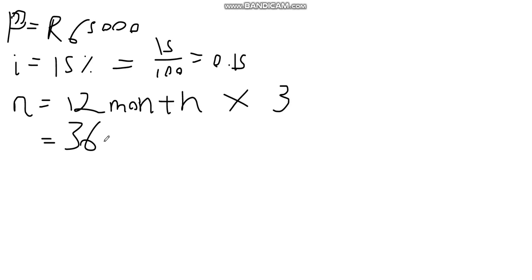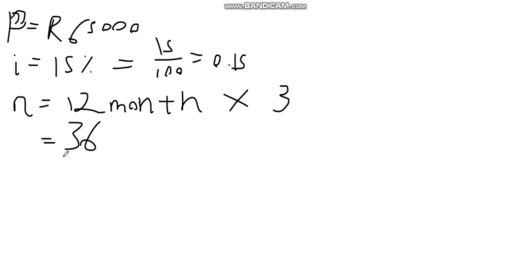So that means our n here is monthly, which is for every year we have 12 months. So it's going to be 12 months multiplied by our duration, because we want our period to be months. So basically here what we are doing is converting the years into months. Okay, so 3 times 12 is going to be 36. So it's going to be 36 months.